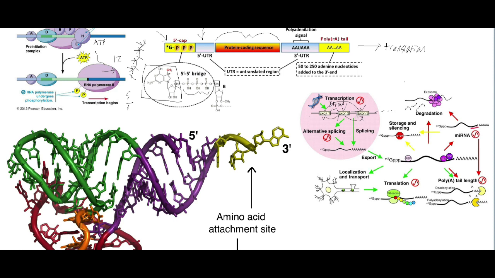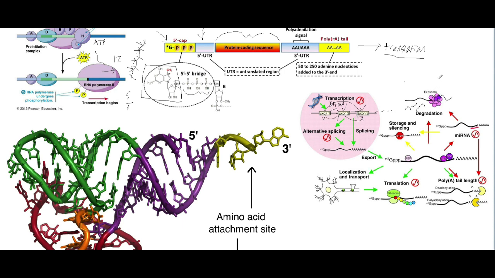So this alternative splicing can change the mRNA that you get from the very same gene. Then the mRNA can be exported out into the cytoplasm where the ribosomes are, which is where translation happens, and I'll get to that in just a little bit.